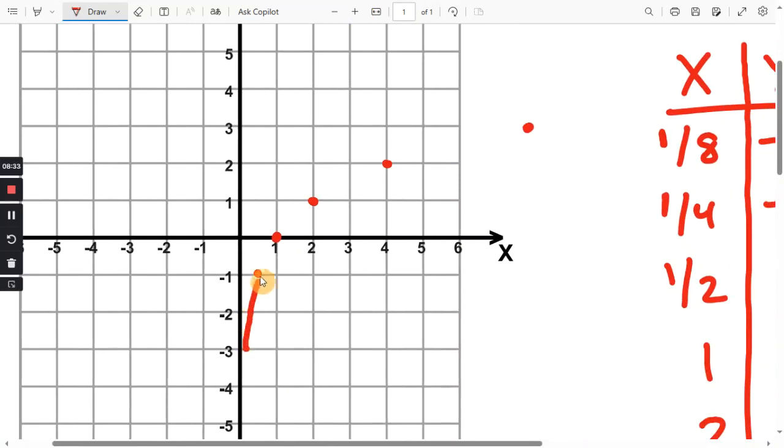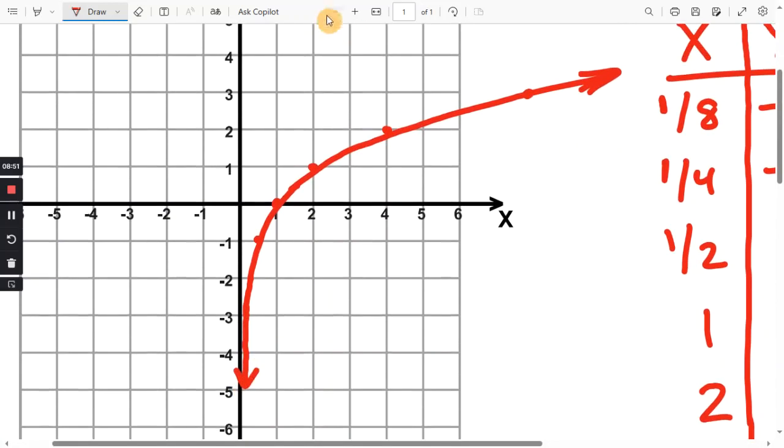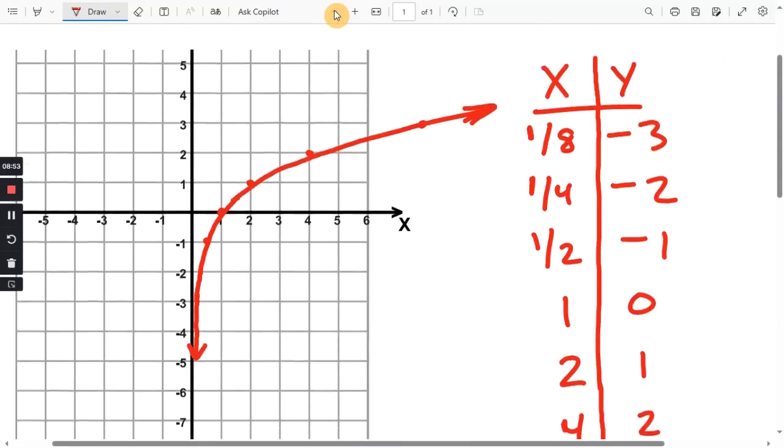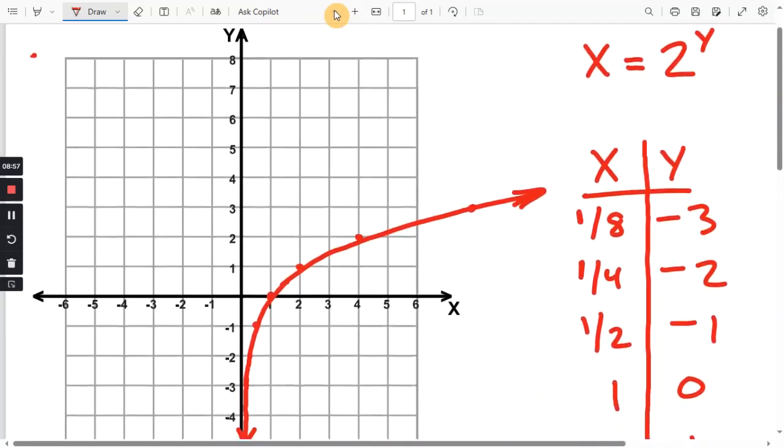It's basically going like this. And it looks to me that it is going to approach x equals 0, but never reach. All right, so that right there is the graph for x equals 2 to the y.